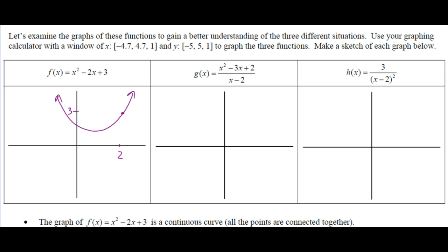In the other one, remember that when we sketched along it, we came to the point 2, undefined. But as we got close to it, it was 1. That's a 1.